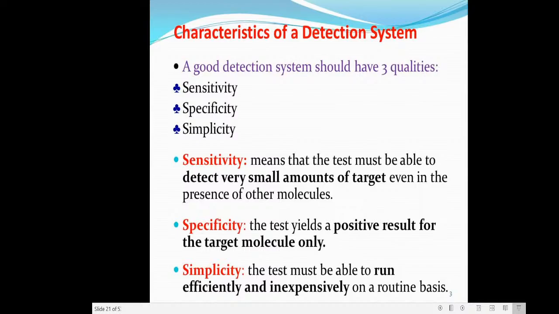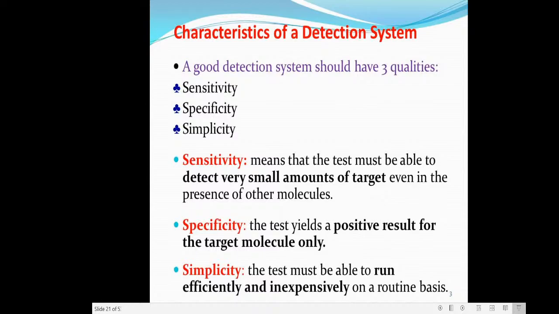A technique is selected based on sensitivity, specificity, and simplicity. Every detection technique needs to be very simple, specific, and sensitive. For example, with the coronavirus detection kit nowadays, sensitivity is important. You may hear in the news 52% sensitivity, or 82% sensitivity from China. That percentage they mention is the sensitivity.